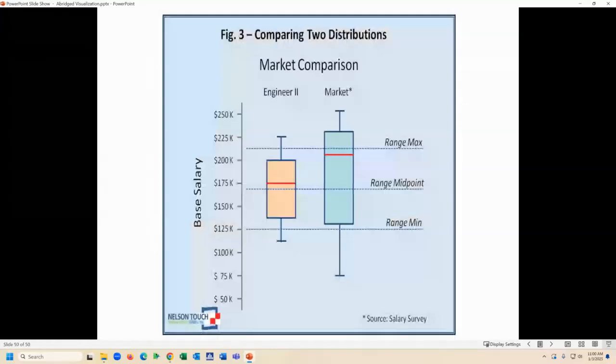Here we have two different kinds of salary distributions. You can compare the distributions across the variable. So a box and whisker plot is a very concise display that gives you quite a bit of information.